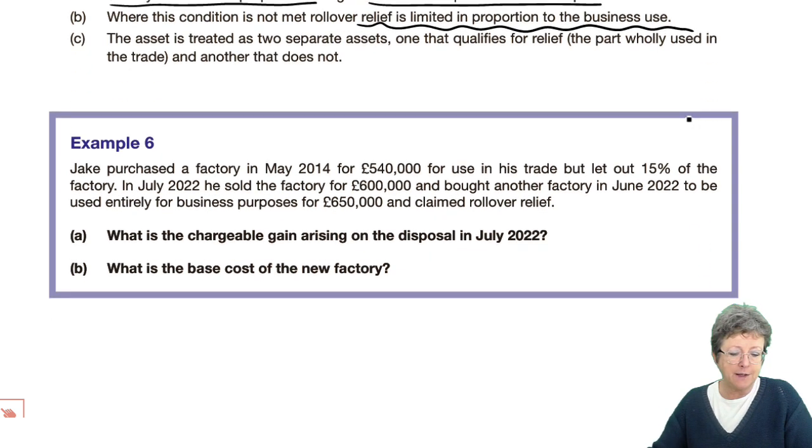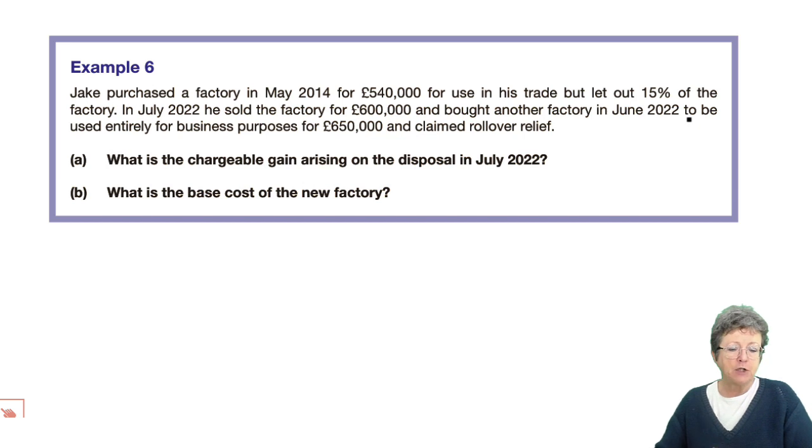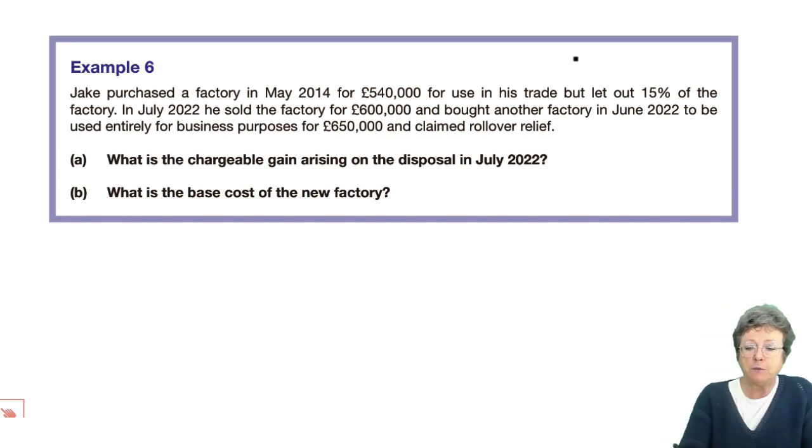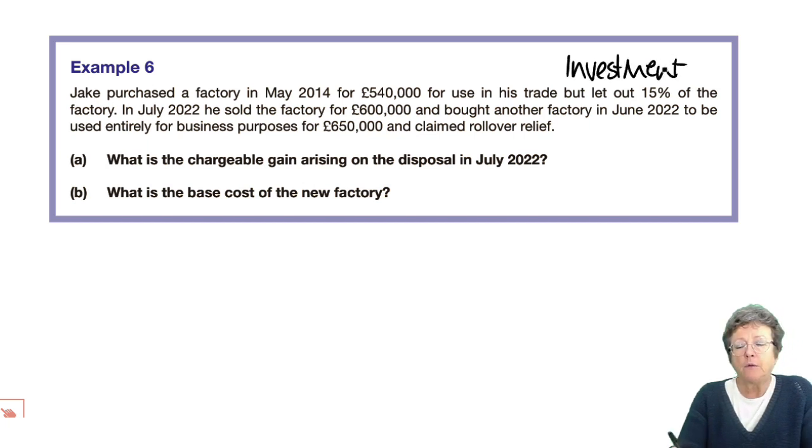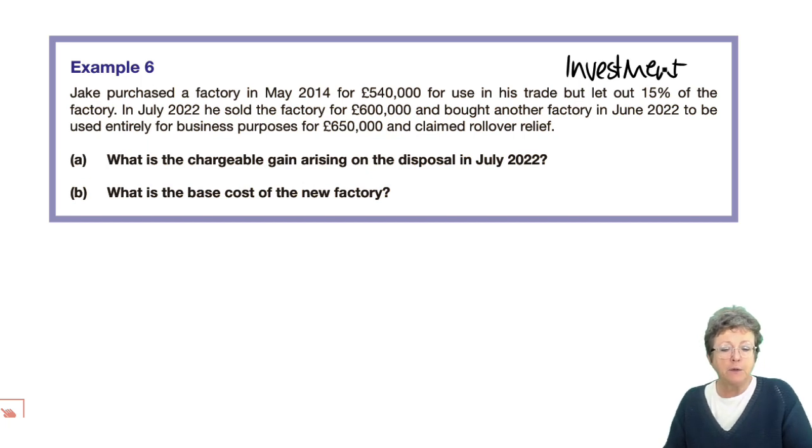So let's have a look at example number 6. Jake bought a factory in May 2014 for £540,000 for use in his trade, but he let 15% of that factory out, which makes it an investment. Which means if it's an investment, then he can't claim the relief on it. Now, he sold it for £600,000 and bought a new factory in June 2022, which is entirely used for business purposes, and claimed rollover relief.